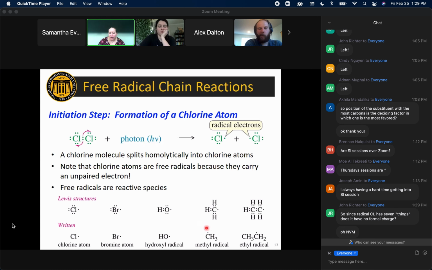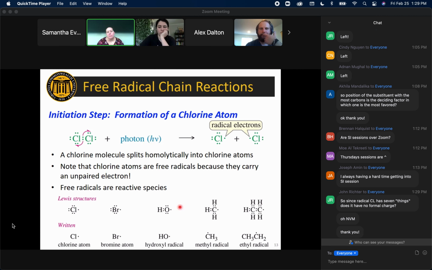So we're all set with that carbon. There's no formal charge. Likewise, chlorine atom, to answer John's question, chlorine has the 1 unpaired electron and then 6 electrons that are in lone pairs that are hiding here or understood to be there. So chlorine radicals do not have a formal charge. Just because they don't have a formal charge doesn't mean they're stable, right? All radicals, all unpaired electrons are going to be unstable and reactive.